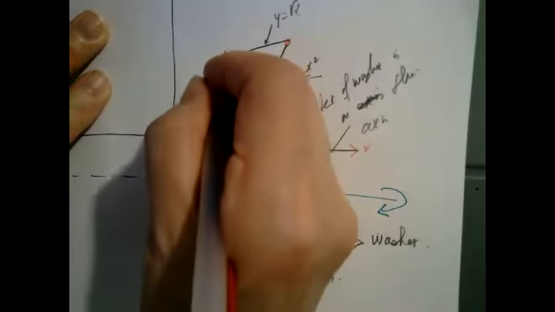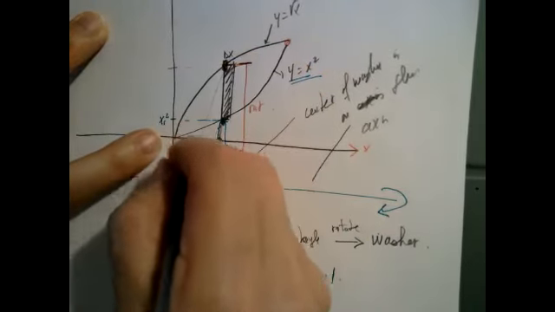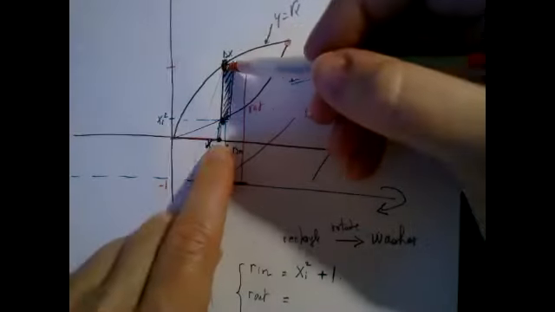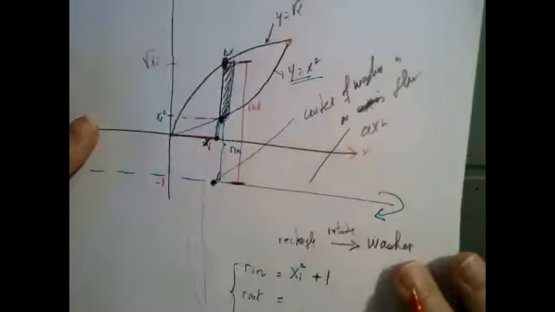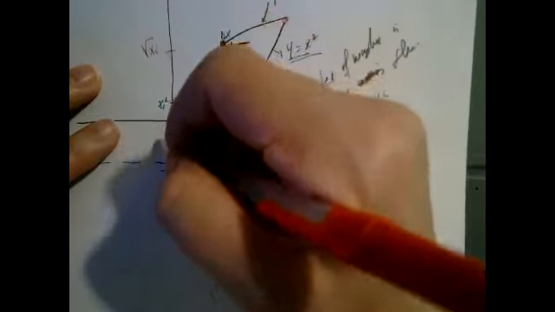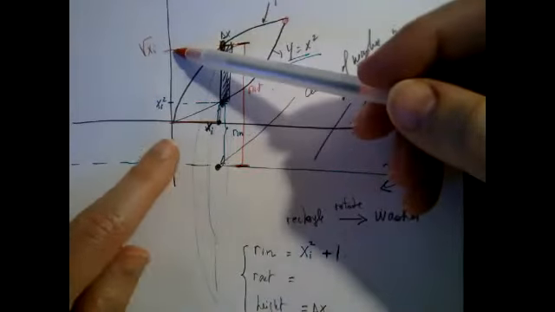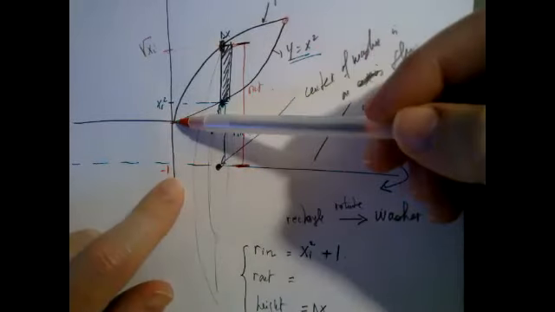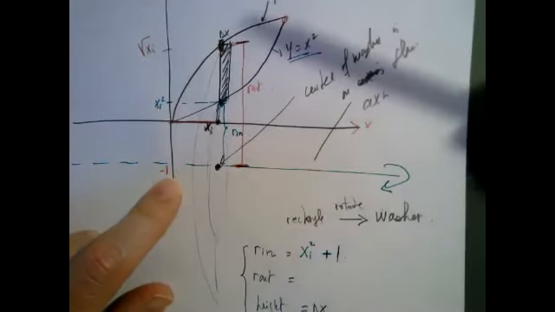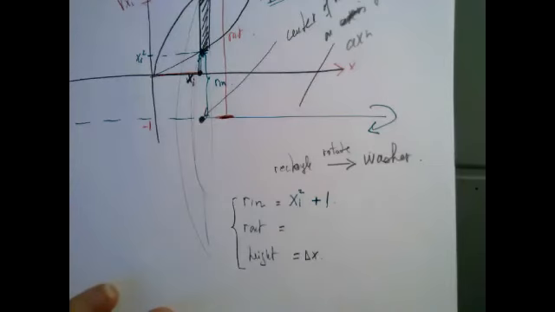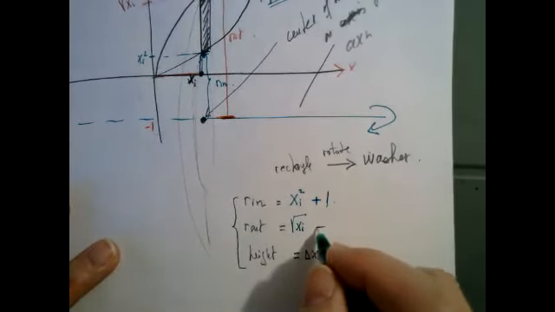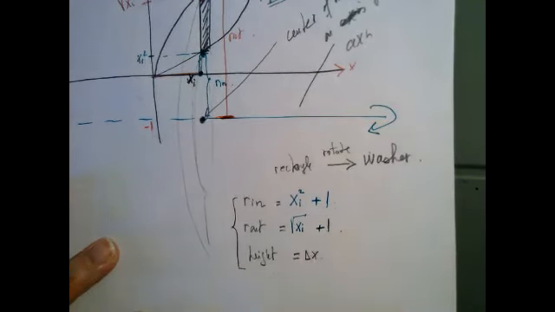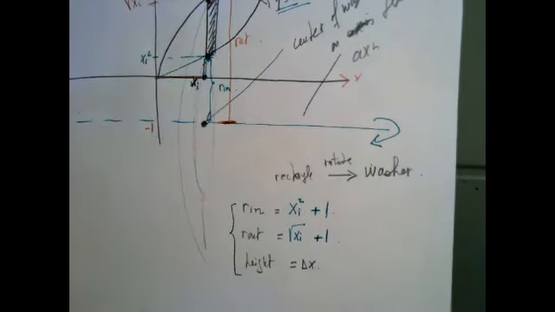But this point here, if this is xi, is a point on the curve y equals root x, so this is the square root of xi. So the distance from here to here is the upper part. Logically, square root of xi, you add 1 to it. That's really just by looking at the picture, nothing deeper than that. So it's the square root of xi plus 1. Now you're basically done with the problem.